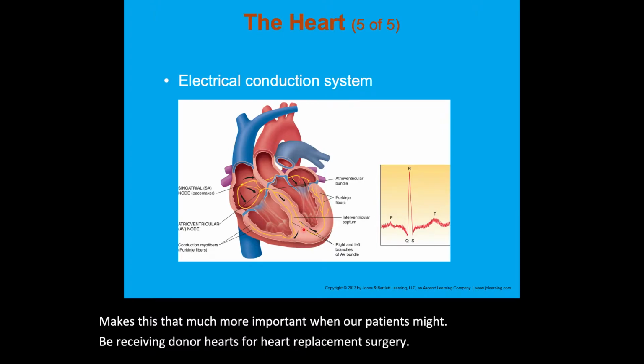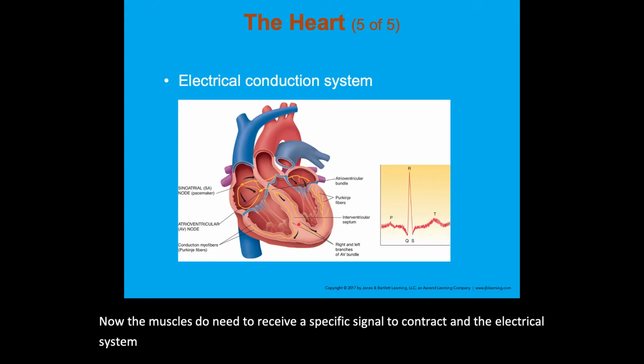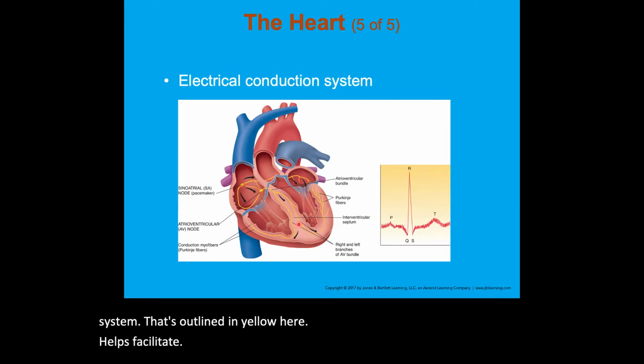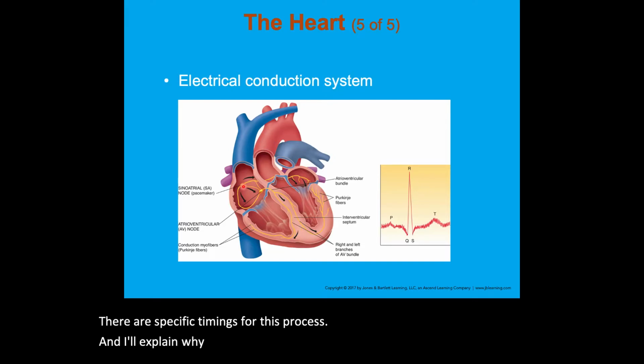Now, the muscles do need to receive a specific signal to contract, and the electrical system that's outlined in yellow here helps facilitate a uniform contraction of all of the heart muscle. There are specific timings for this process, and I'll explain why these timings are necessary.